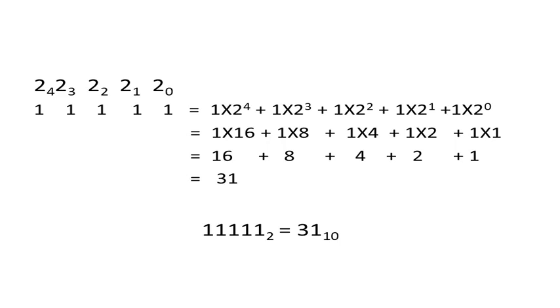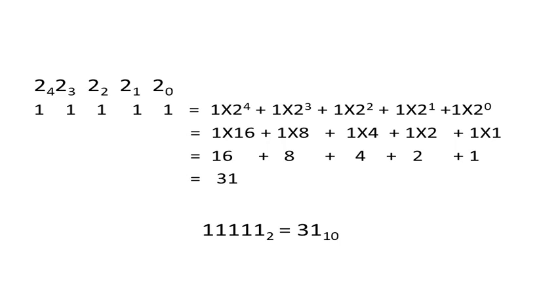Therefore all the place values are positive because all are marked with 1s. So 1 is multiplied by 16, 1 by 8, 1 by 4, 1 by 2 and 1 by 1.